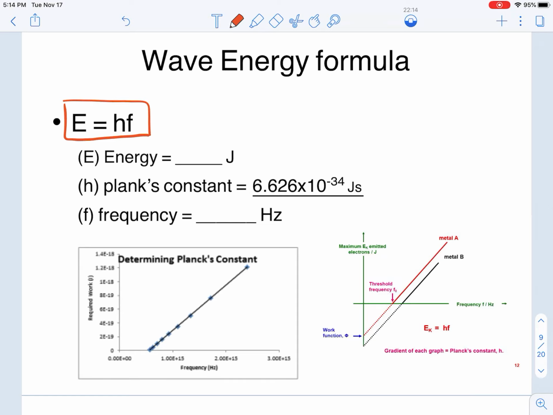So all I want to say is just to give you a quick reminder, what these graphs are showing us is that there is a certain threshold of energy that is needed in order to force those particles to become ejected, but once we meet that threshold, then the relationship between the energy and the frequency is this linear relationship that we see on these graphs, and that's where Planck's constant comes from.